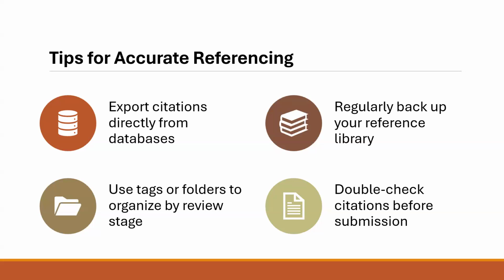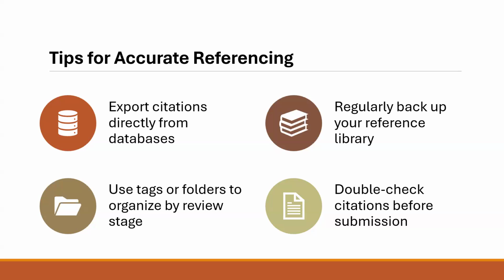So double check citations before submission. Always check your citation, because sometimes the article published in the journal will have a different publication year, but the reference manager will show a different year. Maybe the article was accepted in 2015, and published in 2016.